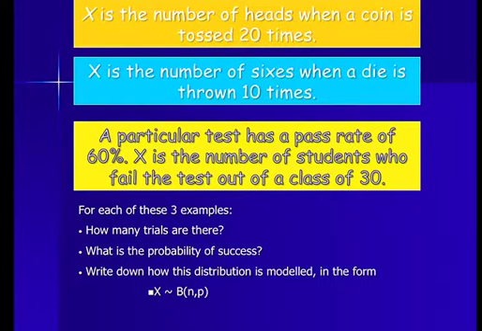So I've got a fixed number of trials. I'm looking at the scores for 30 students. So n would be 30. And then I'm trying to look for the number of failing students, which is going to be a probability of 0.4. If 60% pass, then 40% must fail. So I've got a fixed probability of 0.4.